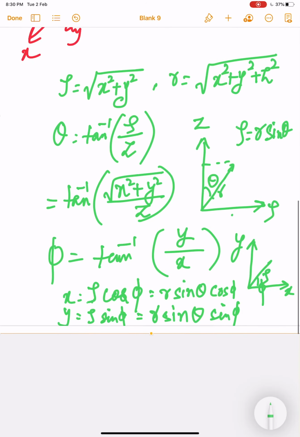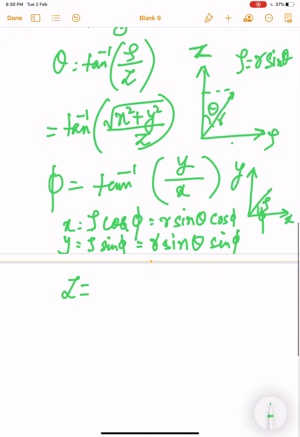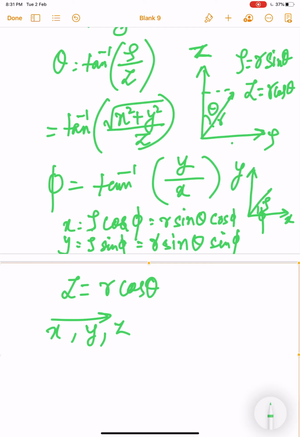And what is z? Well, as you can see over here, this is your z. Z is equal to r cos theta. So let me write it over here, r cos theta. Okay, this is how you can relate both the coordinate systems. And then if you have to go in the cyclical order of directions, as with x, y, z, go in cyclical order like this.